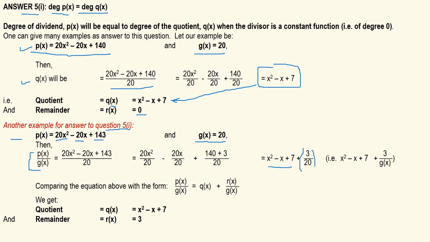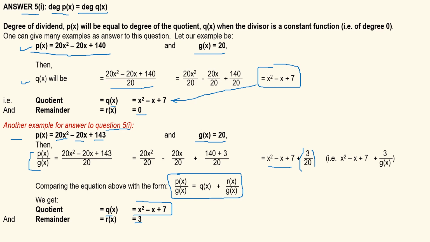And if we compare this expression with the form that we had gotten from division algorithm, that is p(x) by g(x) is equal to q(x) plus r(x) divided by g(x), then we can say that the q(x) is equal to x square minus x plus 7 and r(x) is 3.